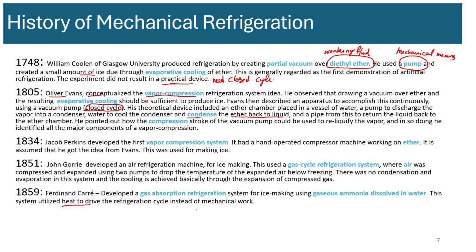But some of the devices that use this method do use mechanical pumps. So it could be partially considered as part of the mechanical refrigeration history. So you can see it was from 1700s to 1859, not a long time compared to the previous history. That is considered the time duration of mechanical refrigeration.